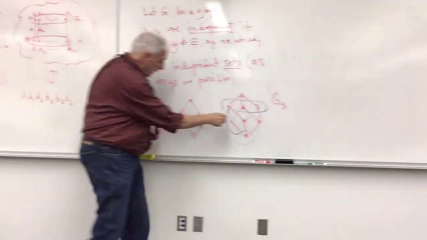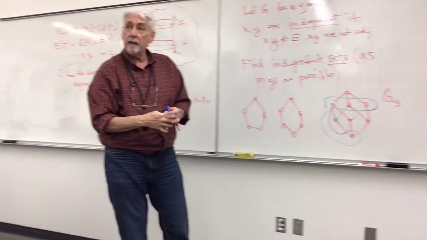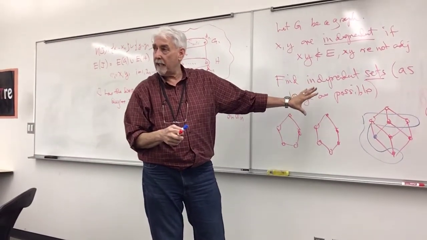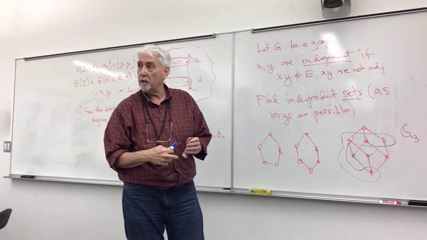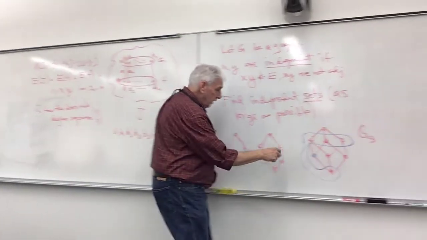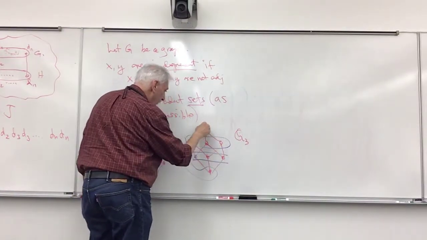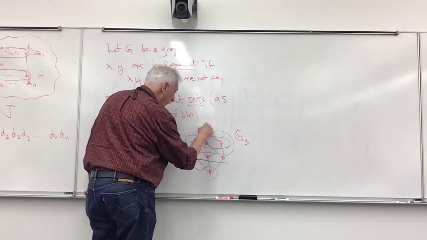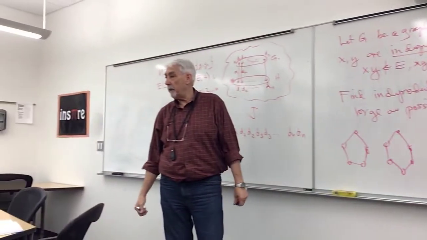Oh, I forgot, here's a point. It turns out that in Q3, those are 4 non-adjacent vertices. Now this graph has a very interesting property: the vertices remaining also form an independent set.